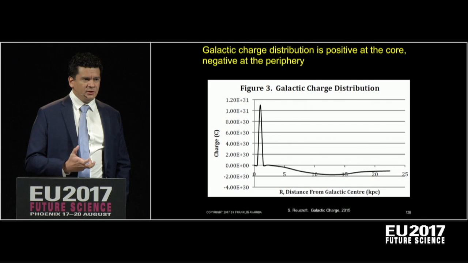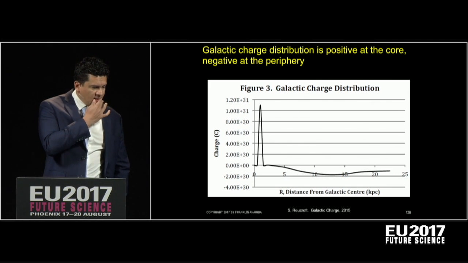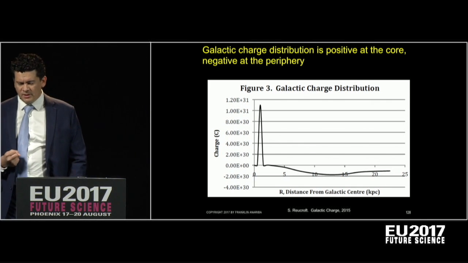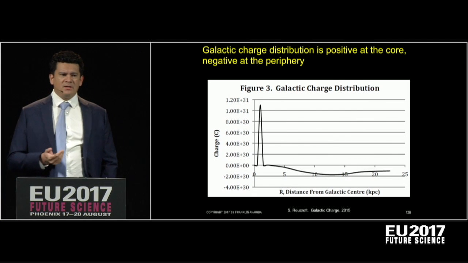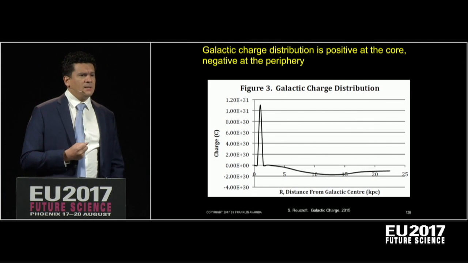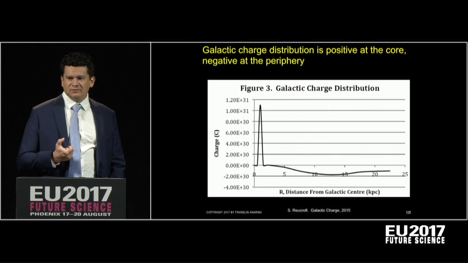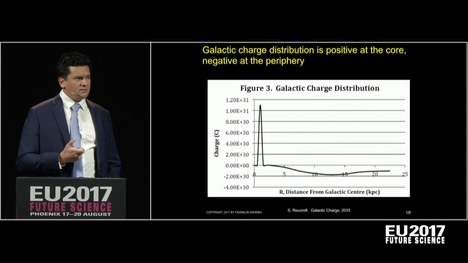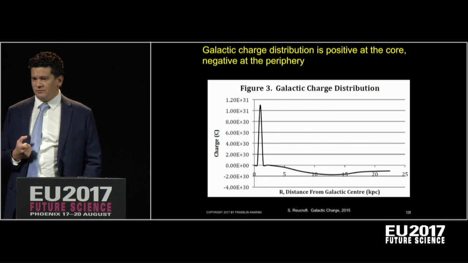So I'm going to start with this work of Rutgers, where he proposed a model that can explain the rotation of galaxies. In this model, he was brave enough to consider the electrostatic force.